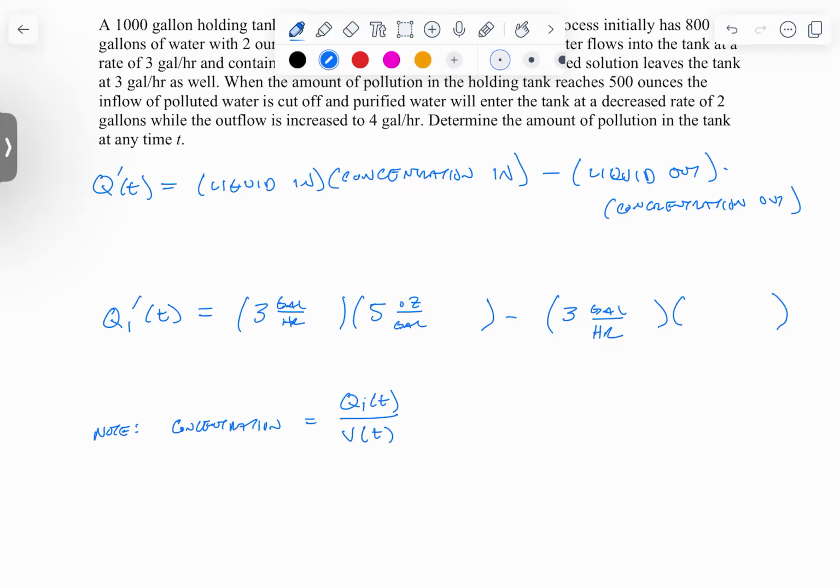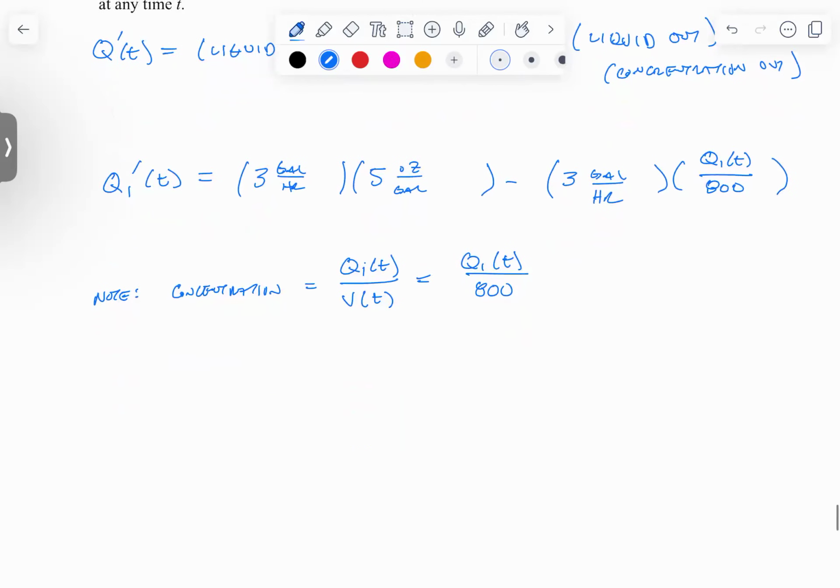In this case, what's our volume? 800. And is it increasing or decreasing in the first stage? No. Oh, look, so we actually get a nice, clean piece of the equation here.